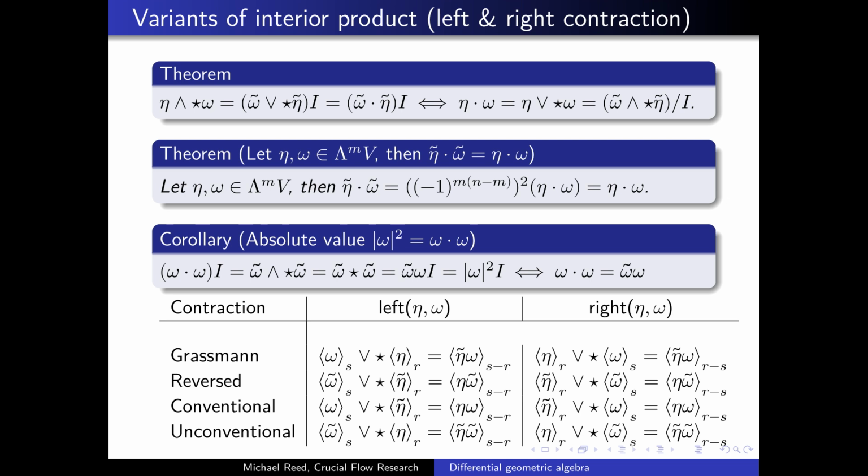If we look at the other side of the expressions in the table, we see that we can use a regressive product in the Hodge complement to express the same contraction product instead of using a geometric product with a grade projection. By applying the grade projection on the inputs omega and eta, we can restrict ourselves to the S and R grade, and then we can use the regressive product in the Hodge complement in this compositional way, such that it gives us the same result as when we use the geometric product and the grade projection.